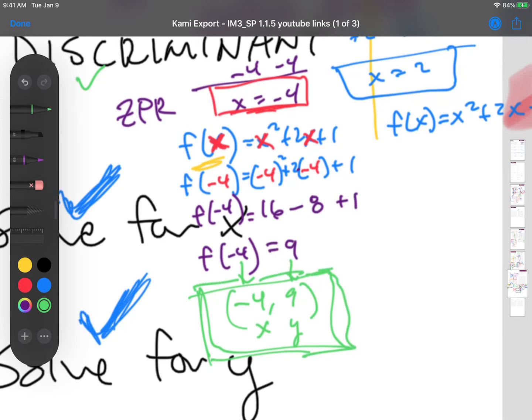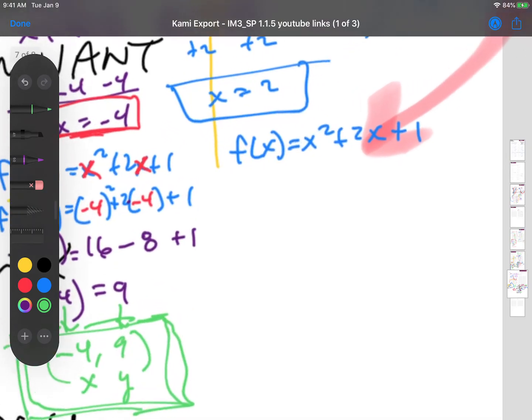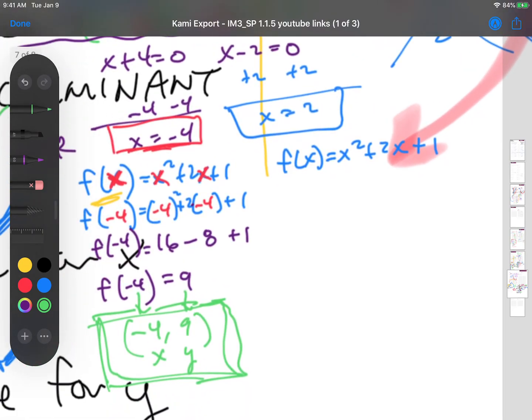Okay? Let's do the same thing over here. I'm now going to put in x equals 2 for every time I see x. Let's do it together. f of 2 equals 2. So every time I put it in parentheses, this is a parentheses, right there.